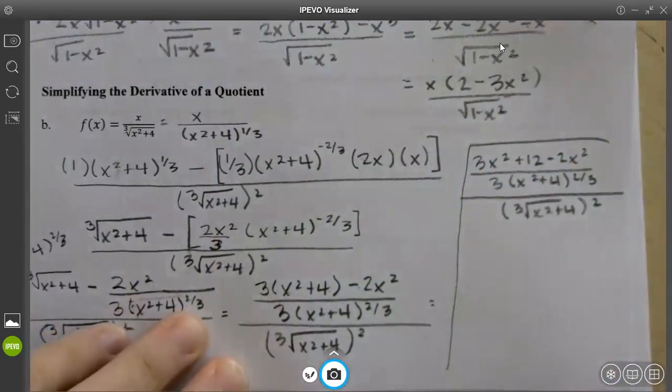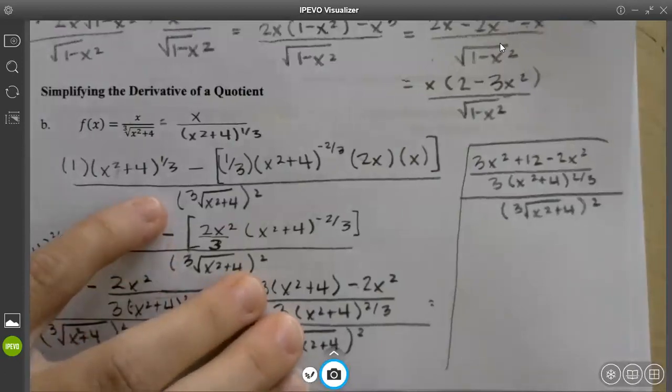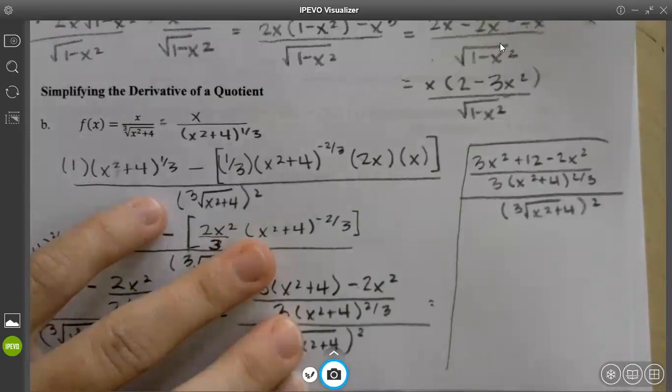What are we gonna have on the top? Clean up the very top. What are we gonna have?